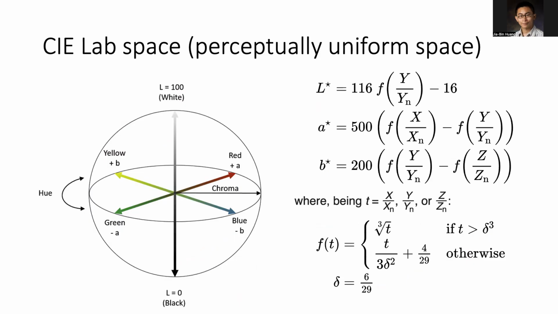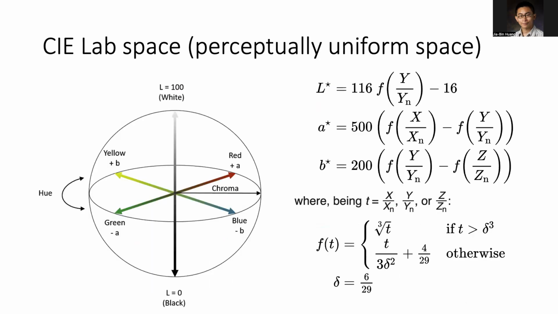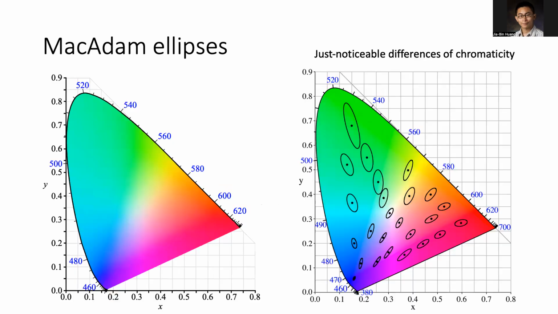Okay, so they come up with the space so that when you say that these two colors are different by 5 units, it doesn't matter whether these two colors are red or green or so on. Because they come up with this perceptually uniform color space. You have 3 numbers to describe one color, and 3 numbers to describe another color.